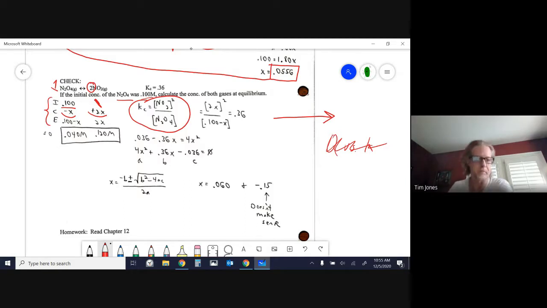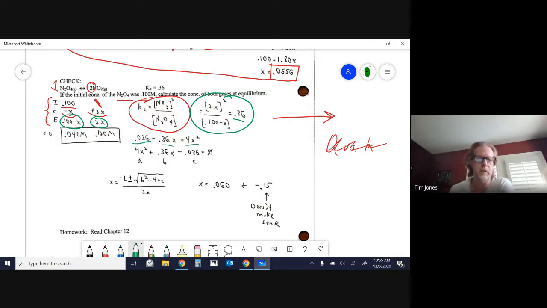Add your columns. That gives you 0.1 minus x, 2x. Plug that into your equilibrium expression along with the equilibrium value. In this case, you can't do perfect squares, and after you do your math, you end up with this scenario.